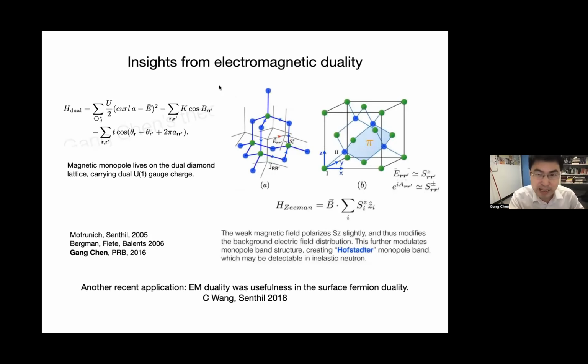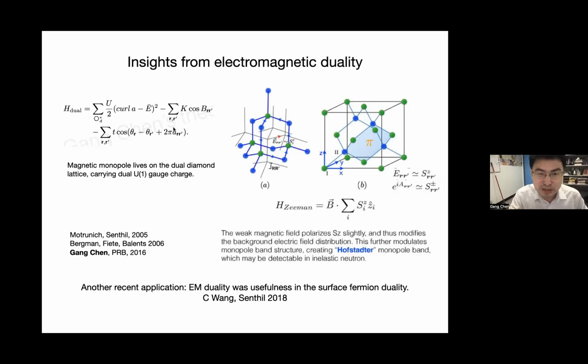This is called the electromagnetic duality. We know the Maxwell equations are self-dual in the absence of current and source charge, right? So here we make use of this electromagnetic duality.